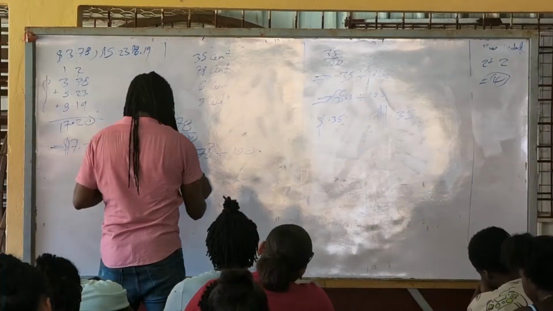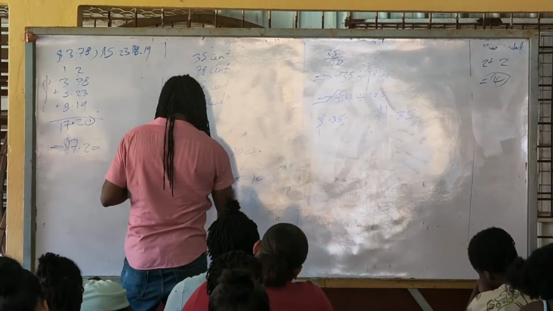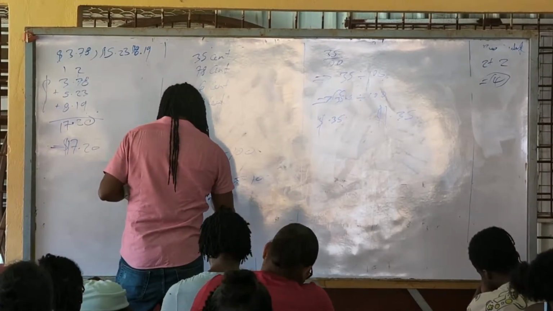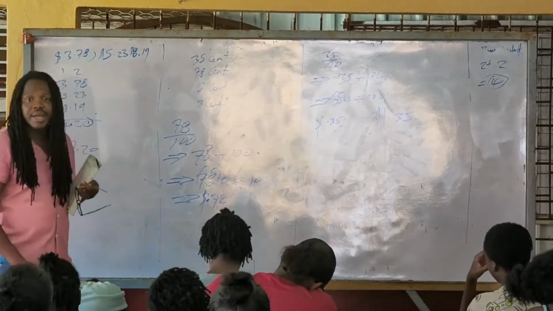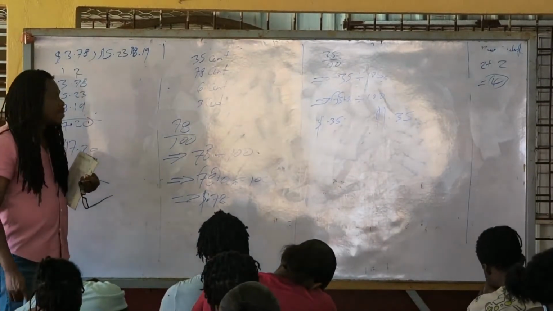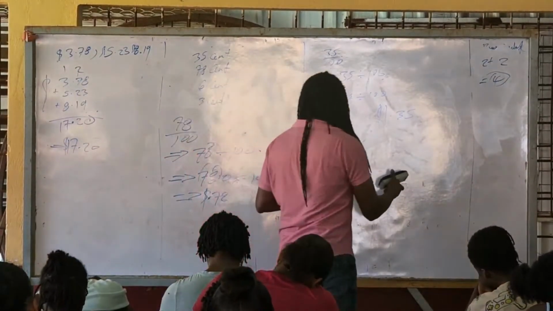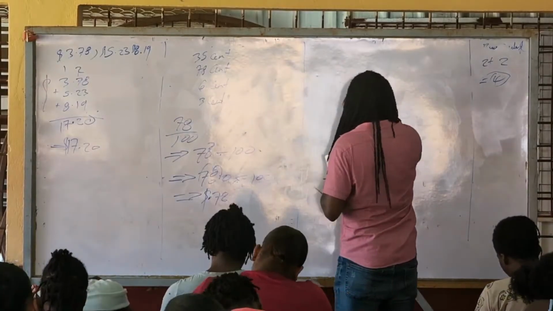It implies 78.0 divided by 100. It implies $0.78. Everybody see that? You don't want to do the other one? $0.06.